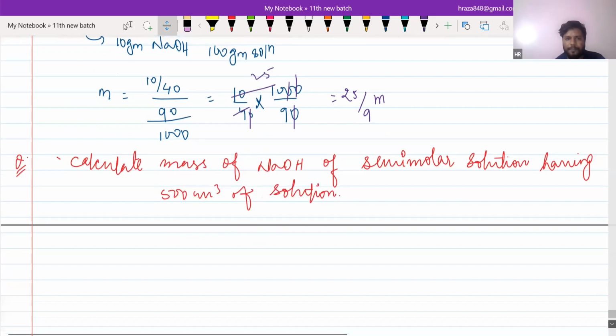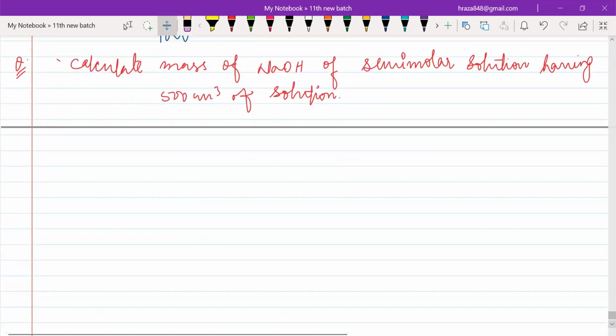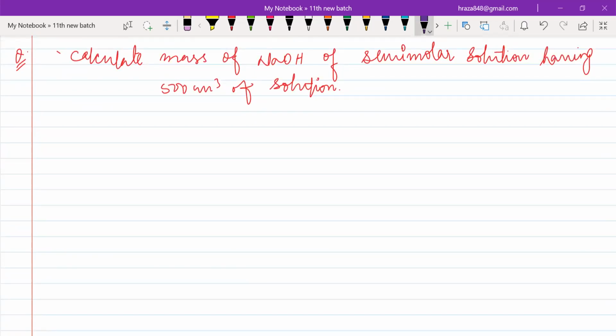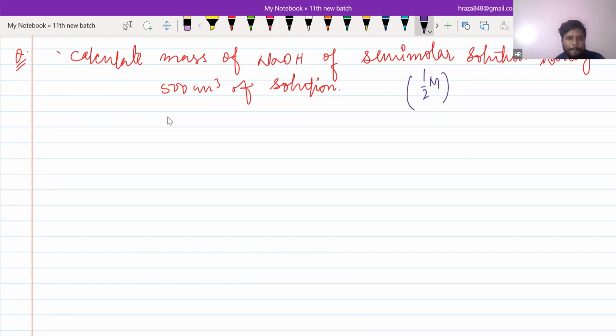It's very easy. Then what is semimolar? Semicircle, do you know what is semicircle? Half circle. Molar means molarity. Semimolar means half molarity.